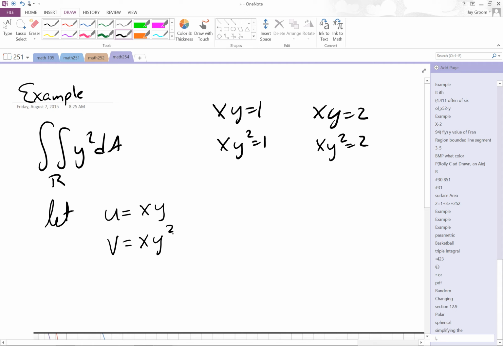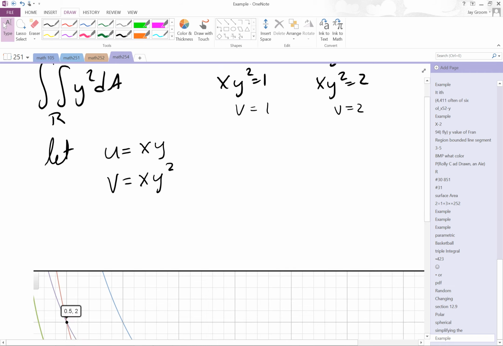That's cool. Sometimes these are easy the way they're written out, sometimes not so easy. But if you look up here, that means u goes from 1 to 2, and that means v goes from 1 to 2.